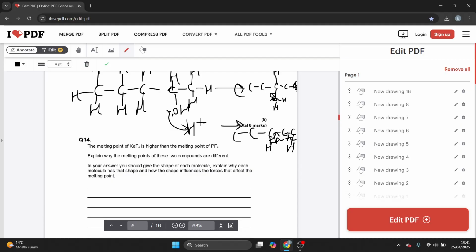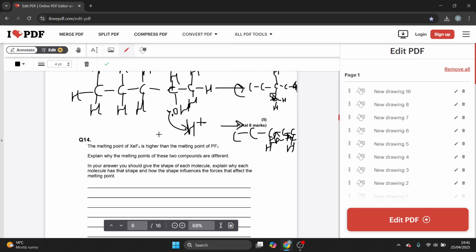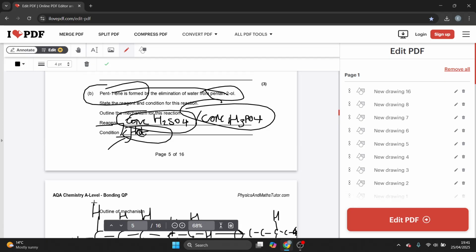That's not pent-1-ene, so it has to be this way. And yeah, that's it.